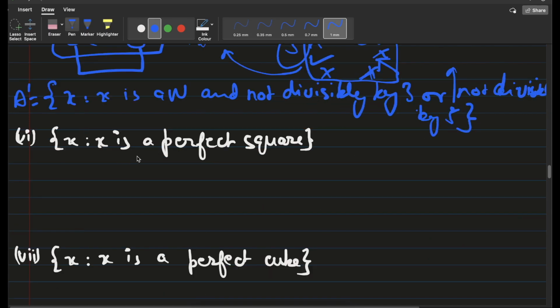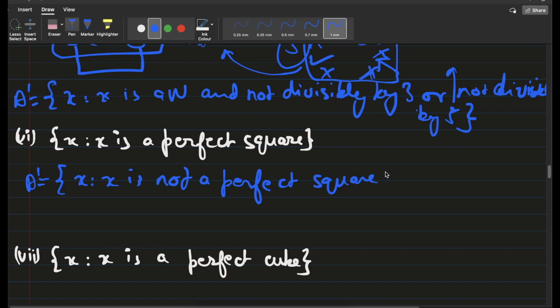ओके. X such that x is a perfect square. I guess it would be the simple answer. If this is A, complement would be x such that x is not a perfect square, right? अगर हम perfect squares को निकाल दें अपने natural number से, तो what will we be left with? We will be left with non-perfect squares. X such that x is not a perfect square.